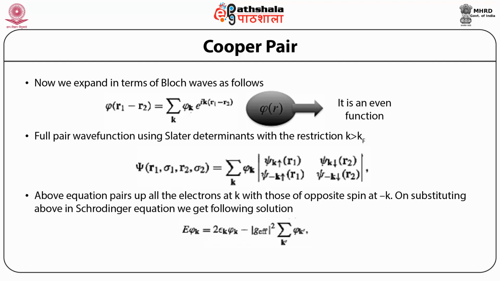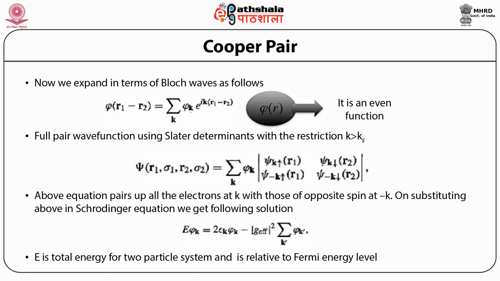That is, E of phi k is equal to twice epsilon k phi k minus mod of G effective square into summation over k prime of phi k prime. E is the total energy for the two particle system and is relative to the Fermi energy level.